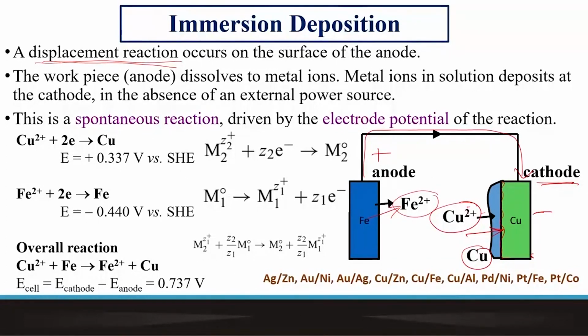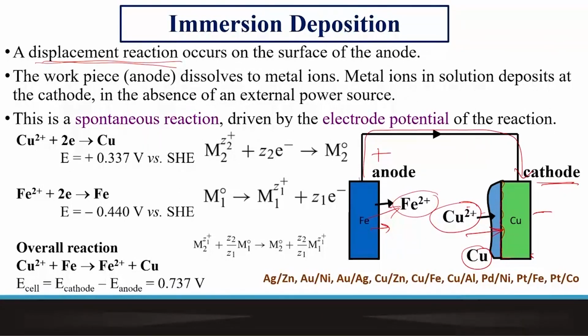I'm not applying any impressed current, but because of the spontaneous displacement reaction, iron is getting oxidized, contributing electrons which flow through the outer circuit, and this copper electrode acquires the character of a cathode because of the flow of negative charges.